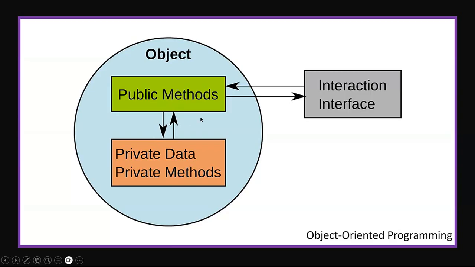You keep your data inside the object and use purely the interface. Object-oriented programming was very successful for a long time, especially for graphic user interfaces, but nowadays it seems to be a little too much for the AI age.